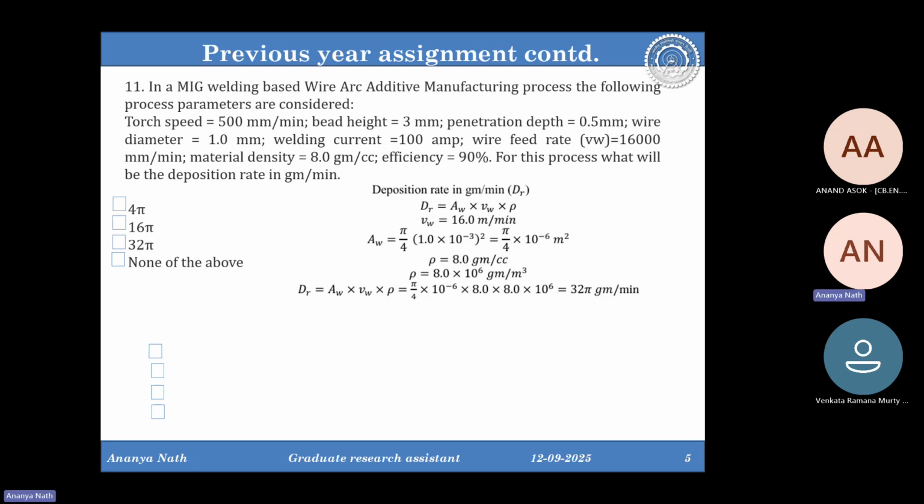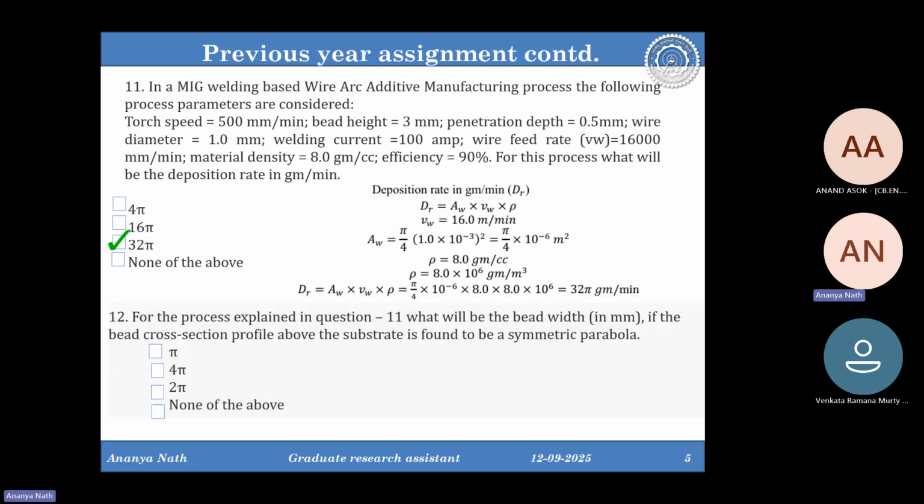Like that you can calculate the AW, and by multiplying it with rho, the density, you'll get the deposition rate in gram per minute. You can note down the formula. Any doubt in this formula?